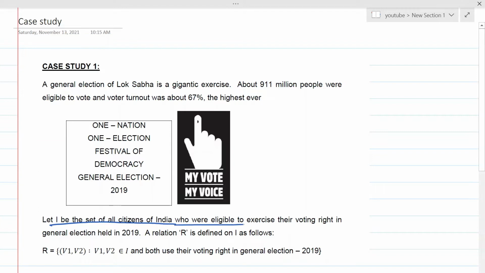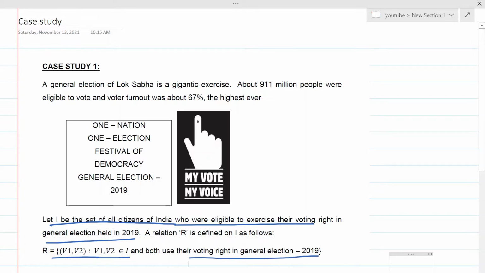This is the key part over here: the set I is all the Indian citizens who are eligible for voting in the general election 2019, and R is a relation defined as (V1, V2), where V1 and V2 both belong to set I and both use their voting right in the general election, meaning both of them voted in the election.